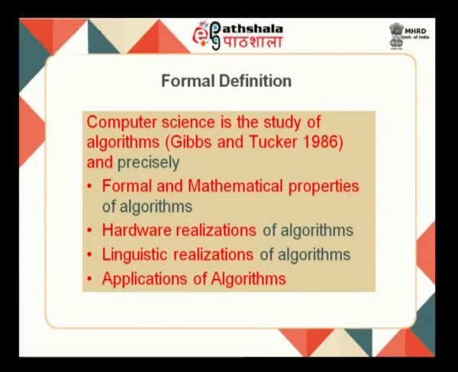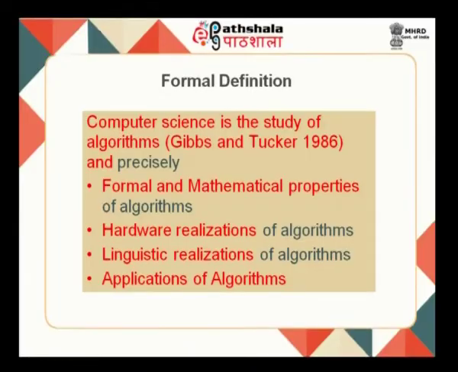They elaborate 4 mechanisms. One is the formal and mathematical properties of algorithms. Computer science as a domain deals with the hardware realizations of algorithms, linguistic realizations of algorithms, and the applications of algorithms. Let us elaborate this further.